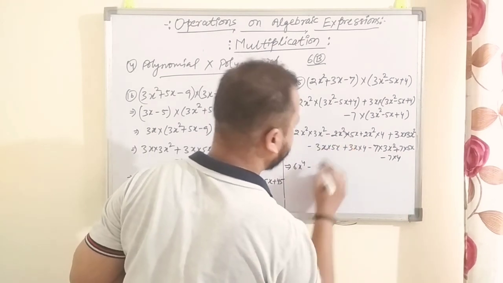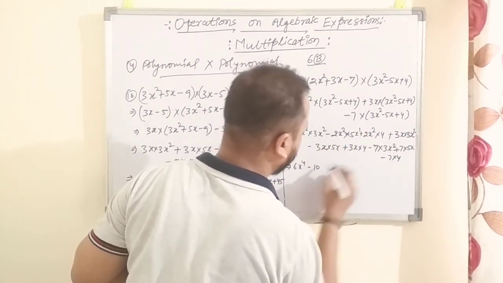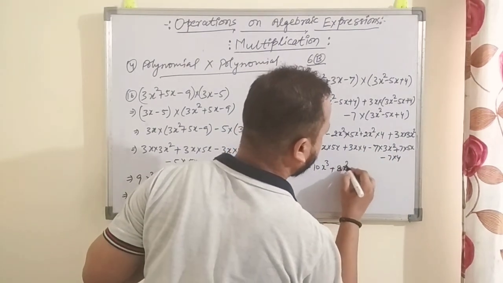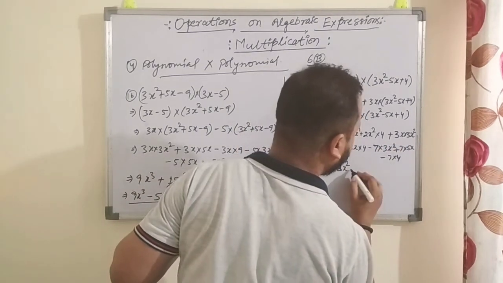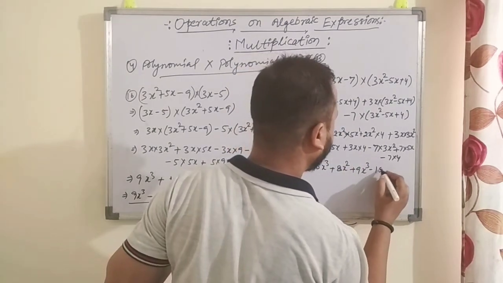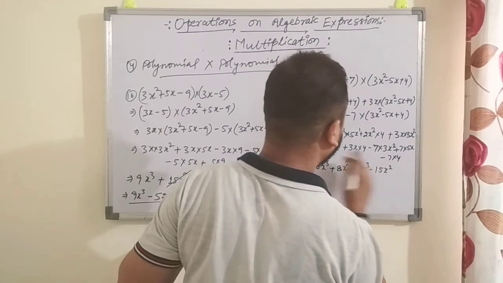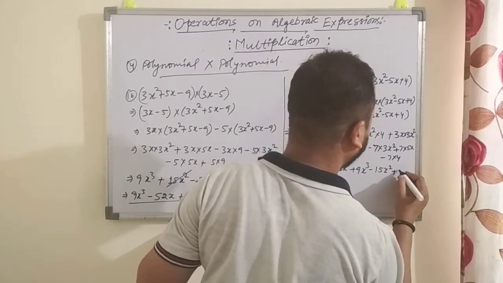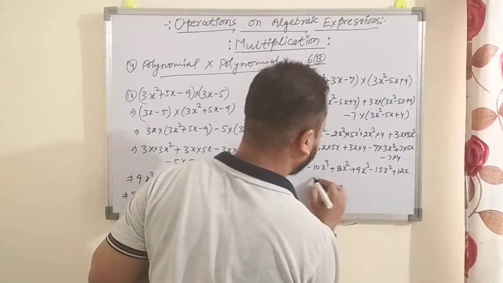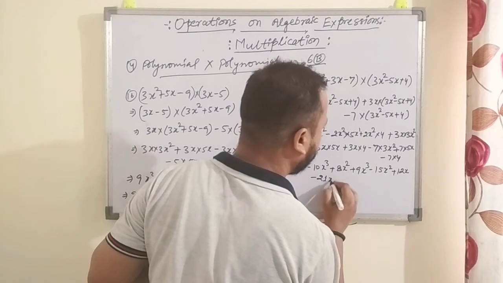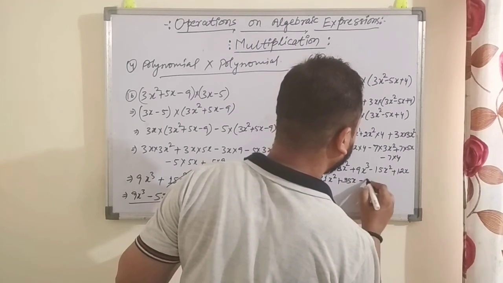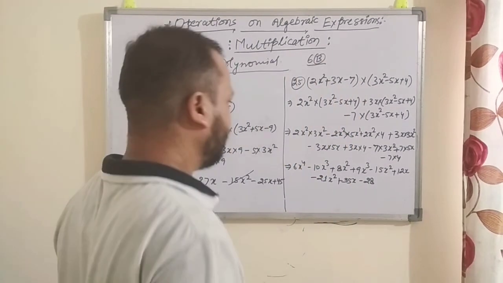And here minus 2 times 5 is 10, x square and x power 1, so x cube, plus 2 times 4 is 8x square, and here 3 times 3 is 9, plus 9x cube, and here minus 15x square, right, x into x square, plus 3 times 4 is 12x, then here minus 21x square plus 35x minus 28, right?